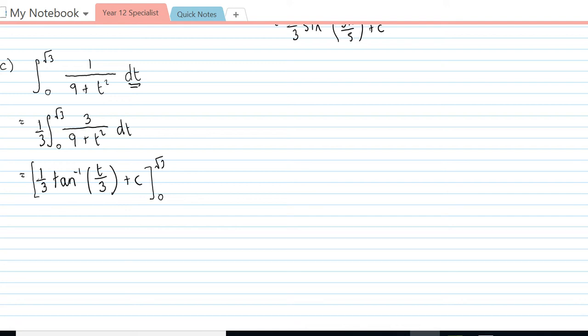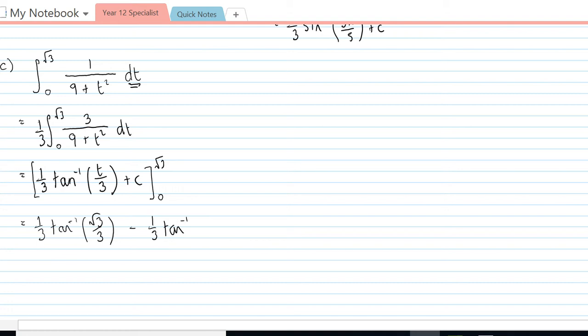All I'm going to do is sub the √3 into the equation first, and then sub the 0 into the equation second, and subtract the second result from the first. So it's going to be 1/3 of the inverse tan of √3 on 3. So that's one of the exact values, hopefully you recognize, and then minus 1/3 of the inverse tan of 0.